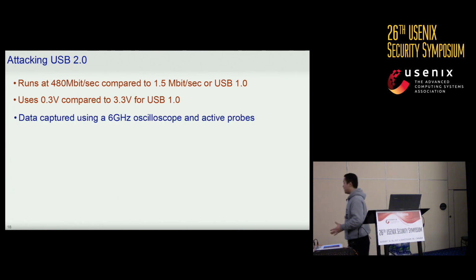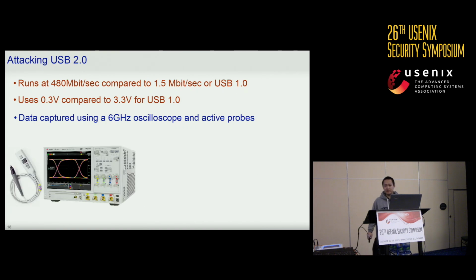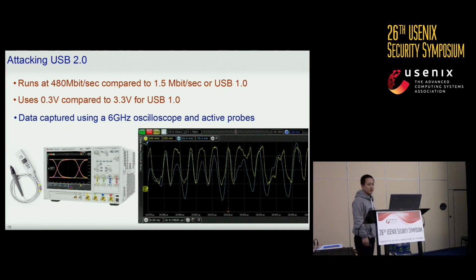Therefore, in order to capture such a high speed and weak leakage signal, we need more accurate equipment. For example, this 6 gigahertz oscilloscope with active probes. In this example, we capture the leakage signal from a leaky hub that has a USB 2.0 memory stick plugged in.